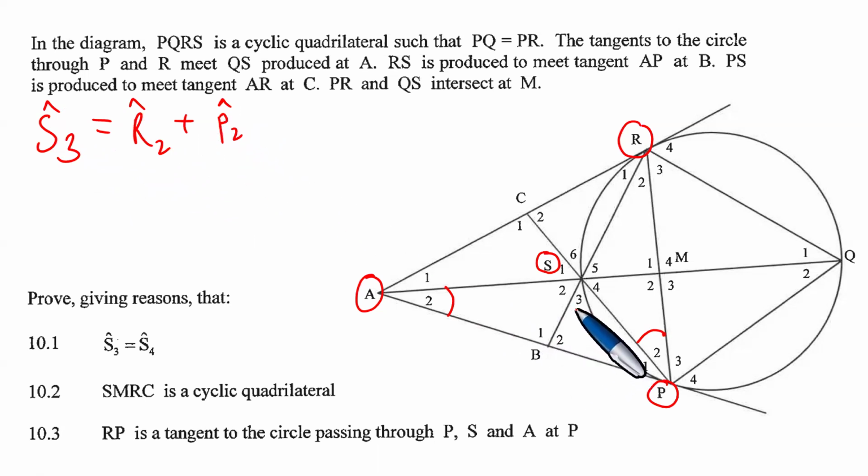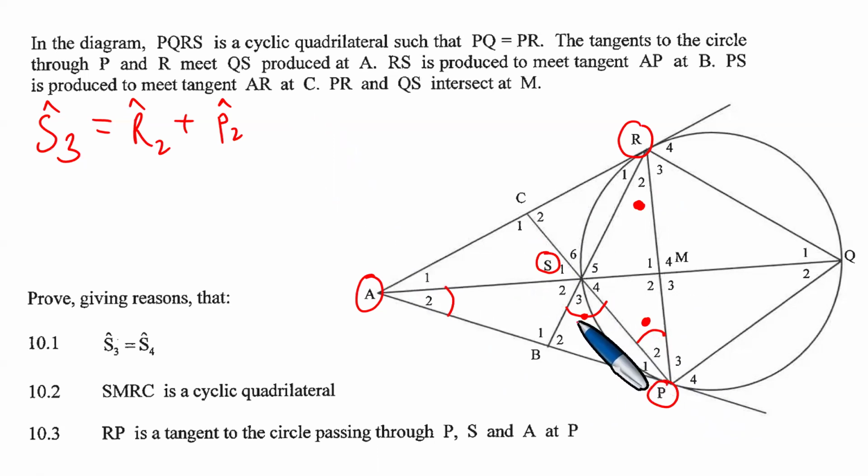S3, which is this one here, is equal to R2, which is this one here, plus P2, which is this one here. So in other words, we see that the angle S3, this one here, is equal to this together with this.